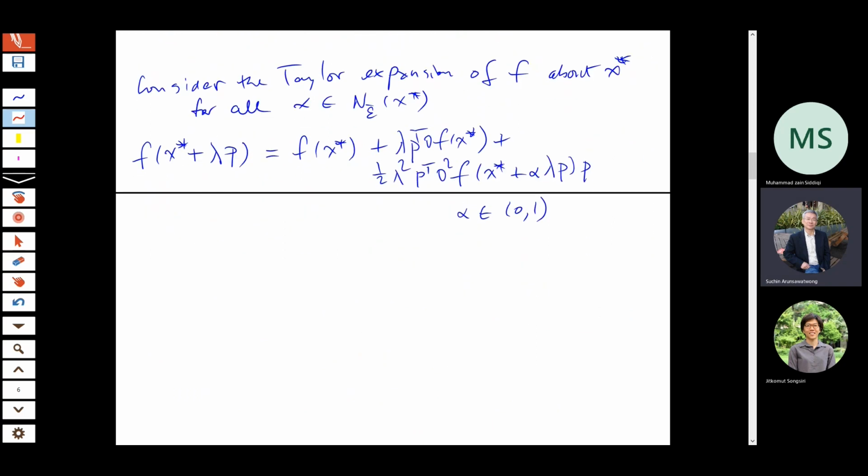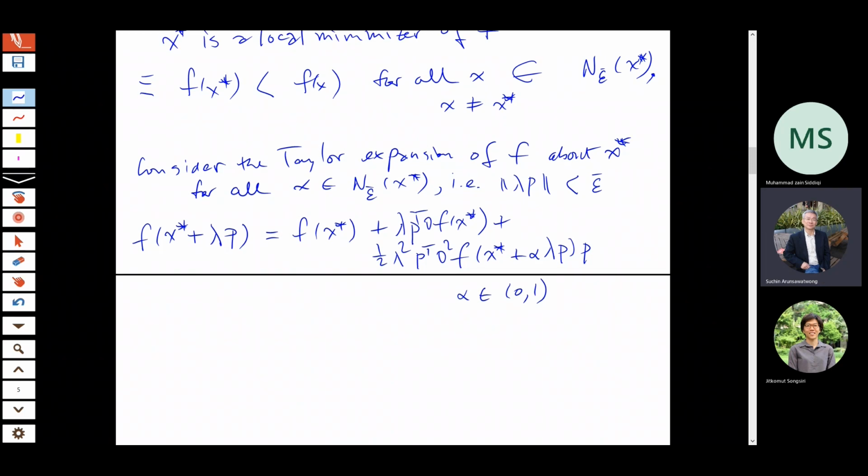So the norm of alpha p must be less than alpha v, to make x star plus lambda p lie inside the neighborhood. Okay. Now let's look at this.